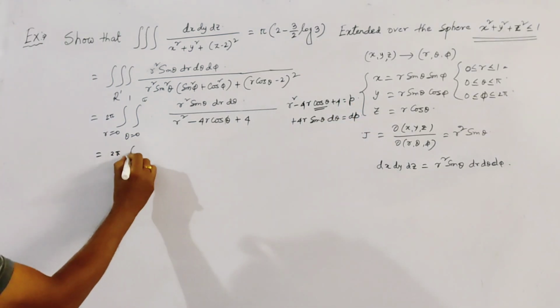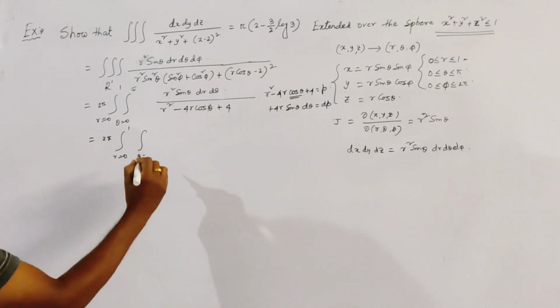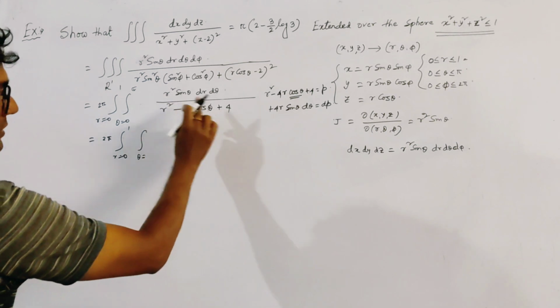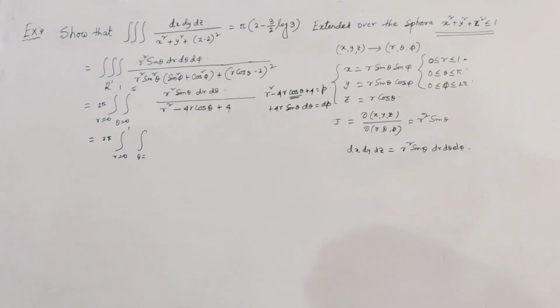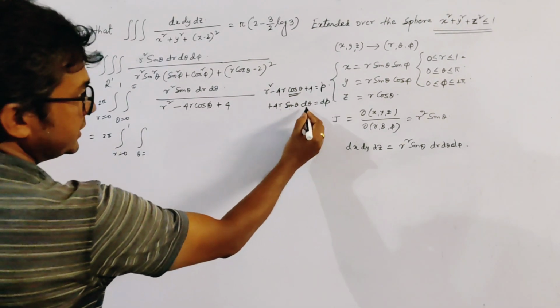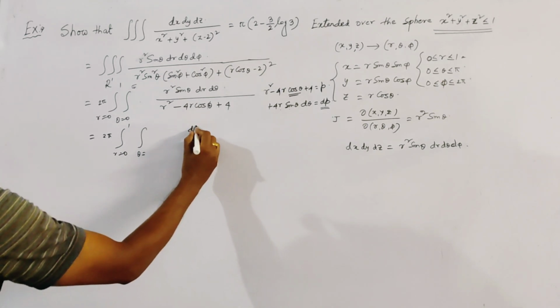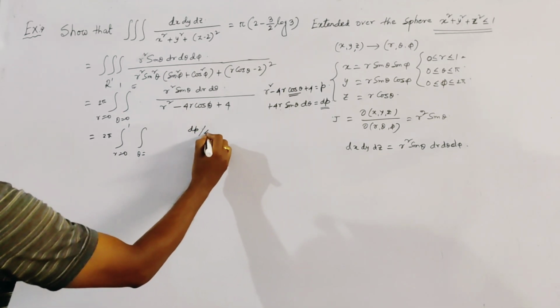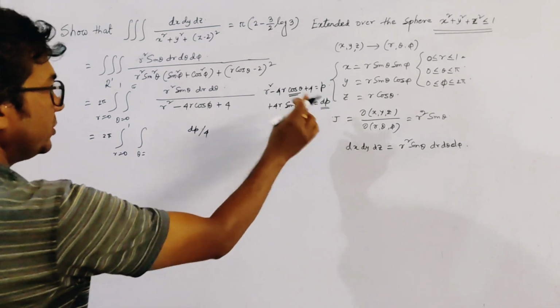So we have r from 0 to 1, and the term r sin theta d theta is equal to dp by 4.